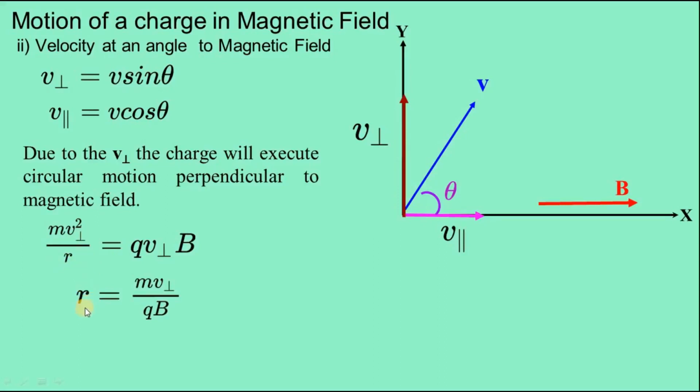On simplifying, we get r equal to m v perpendicular by qB, or r equal to mv sin theta by qB.